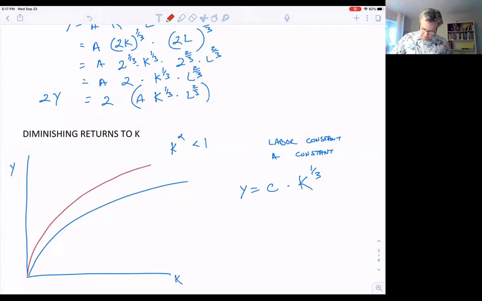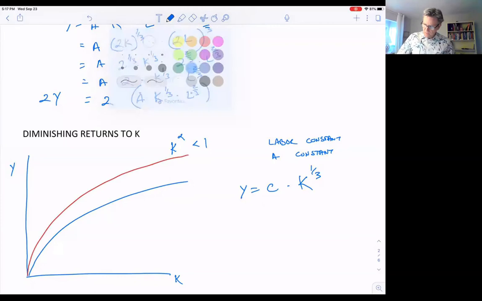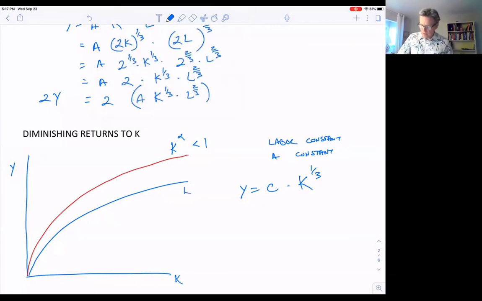It'll just be higher. So the first curve in blue was some fixed amount of labor, we'll call it L1, and some fixed amount of total factor productivity, we'll call it A1. And if we were to increase labor, we'll say labor is L2. We won't change technology. We should be able to produce more output with more labor. But we'll still have this diminishing returns to capital.